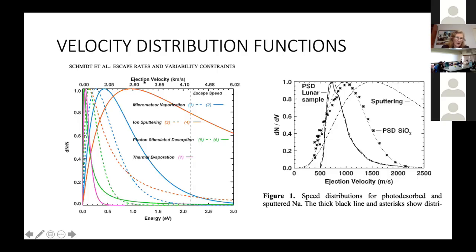Some people think that the velocity would be thermal at 2,500 Kelvin. People have used temperatures up to 4,500. So there's a huge difference. And that makes a whole lot of difference in the fraction that escapes, how far the atoms go, where they land, how long it takes for them to get to the cold traps, and so on and so forth.